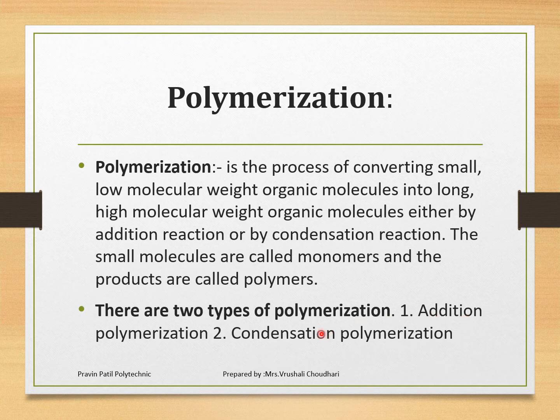When different types of monomers join, it will form a network-like structure, that is called condensation polymerization. Addition polymerization gives you a homopolymer or linear chain structure, while condensation polymerization gives you a copolymer or network-like structure. Today we are going to learn addition polymerization.